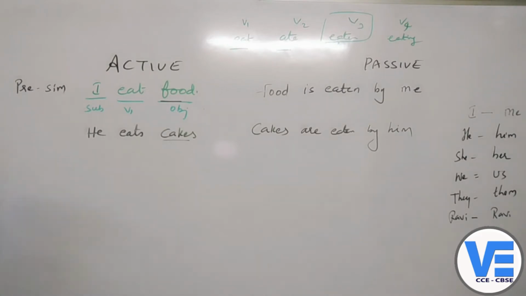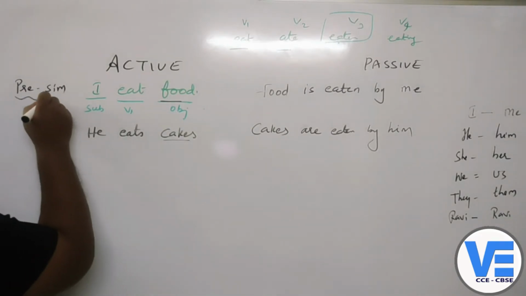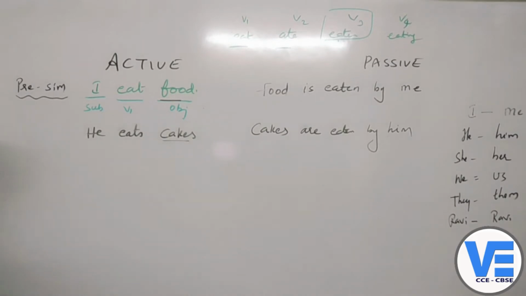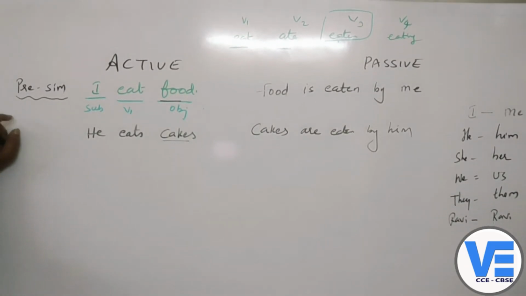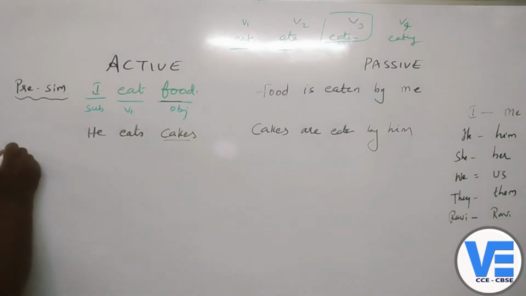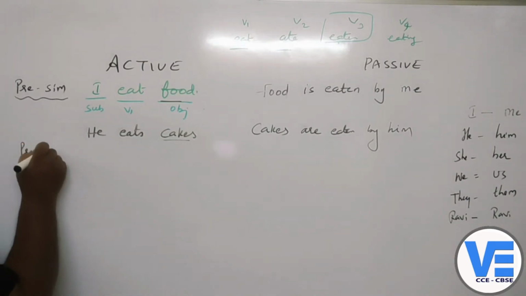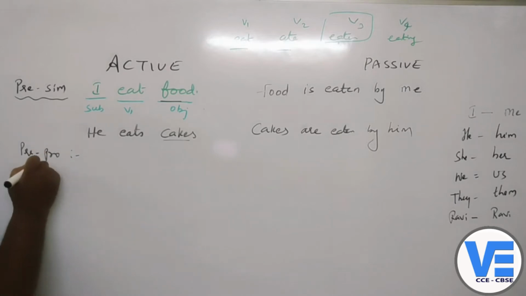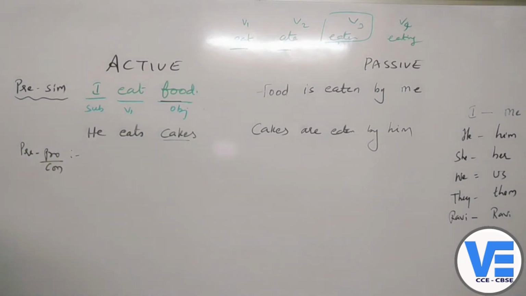Okay. So this is the one, passive and active, you have to remember when it comes to the present simple. Okay. And now we come to the second one, that is the present progressive or present continuous.